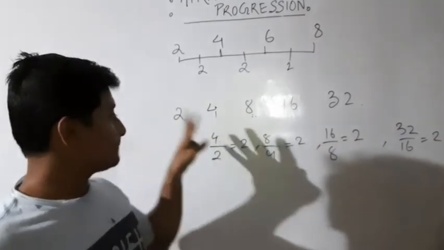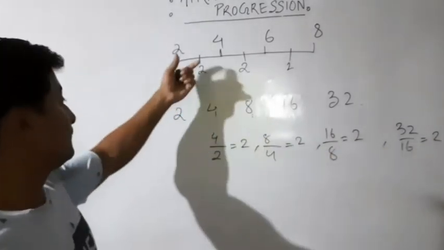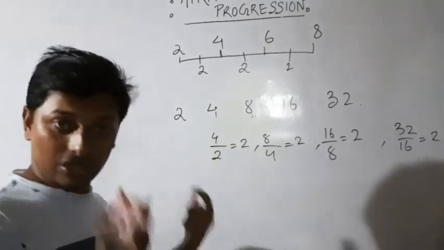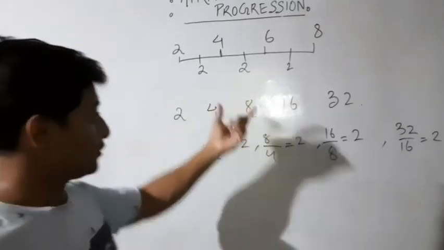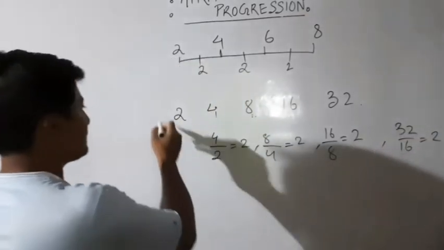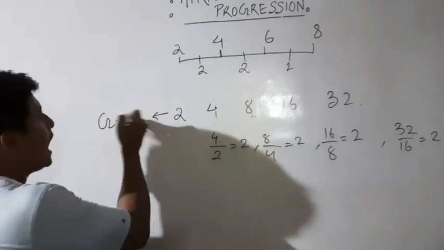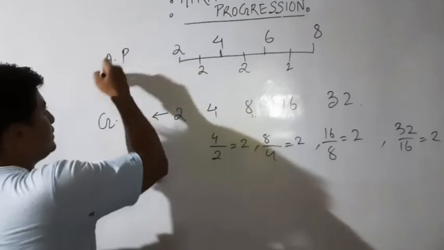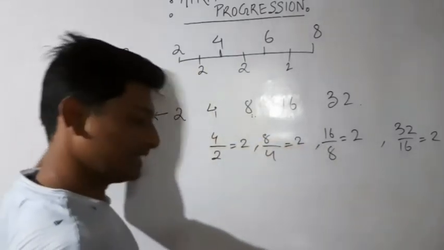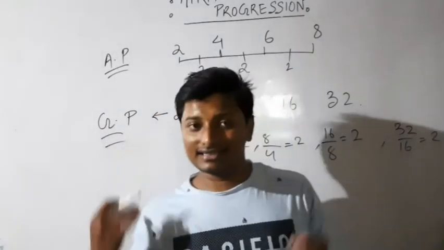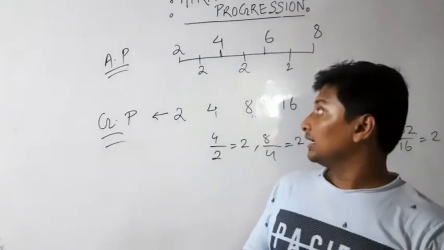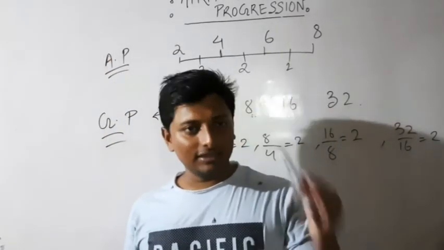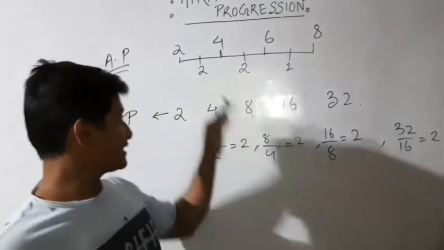If the ratio between consecutive numbers is equal, that series is known as a geometric progression. In progression you will face two types of problems: arithmetic progression and geometric progression. Today we'll be discussing arithmetic progression.